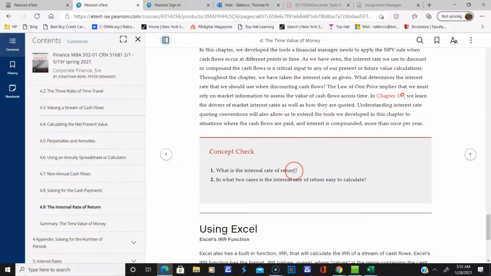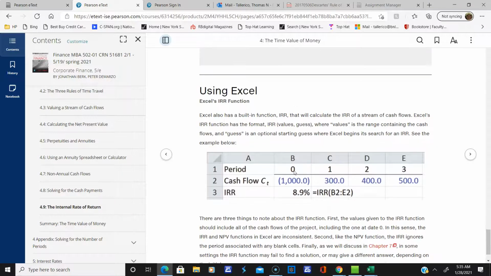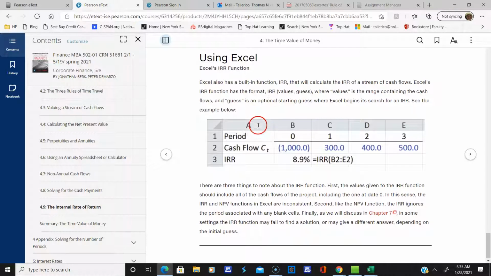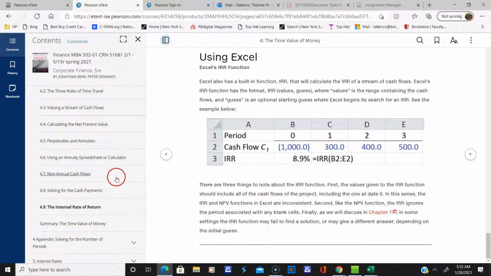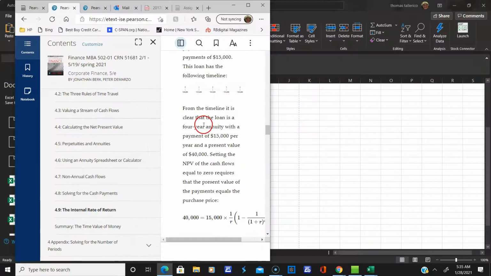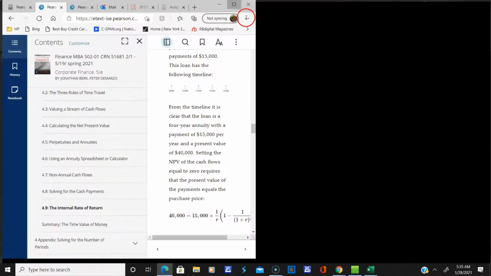So that's about it. Oh, so anyway, as I was just saying, here's Excel's built-in IRR function that they're talking about in your book. Okay. And hold on one second here. I'll fix this up for you.